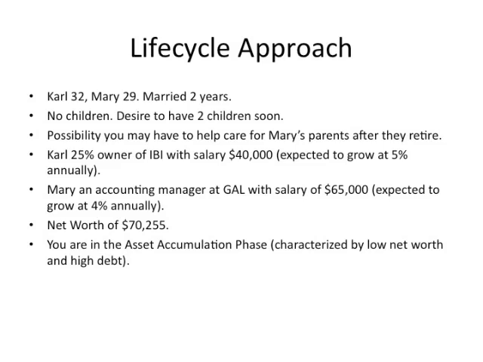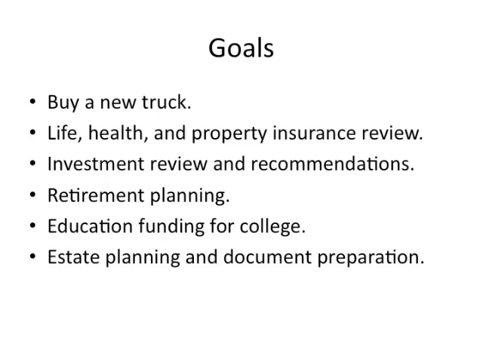And one of the things we're going to focus on from this life cycle approach is that IBI is a major portion of your net worth, and that there are risks associated with having so much of your retirement tied to one company.